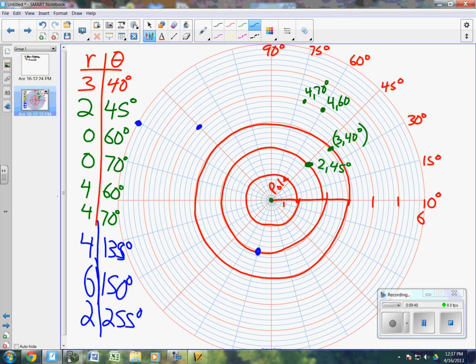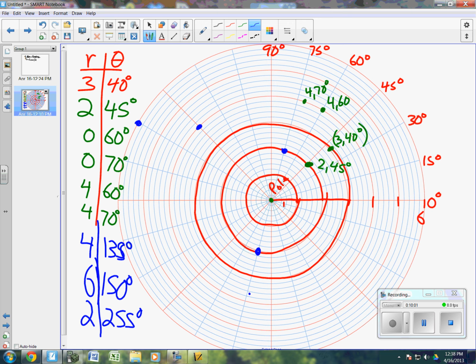Now, did you know that there's more than one way to name a point? This part you're going to have to listen to really closely. To name a point, you can use negative r values or negative theta values, angle values. If I wanted to get this point right here, I'm going to go to the line opposite of it.